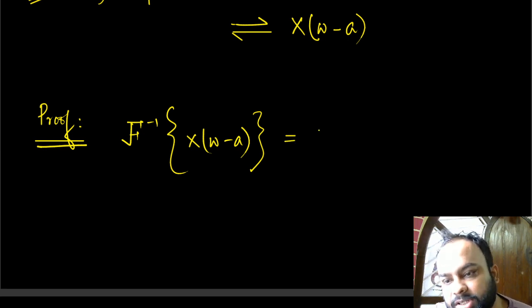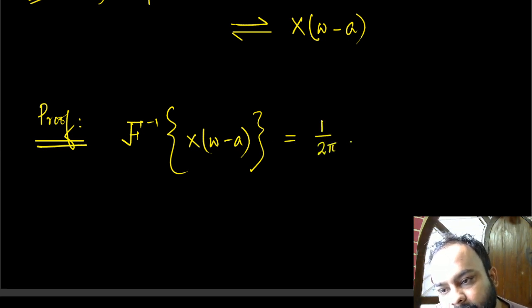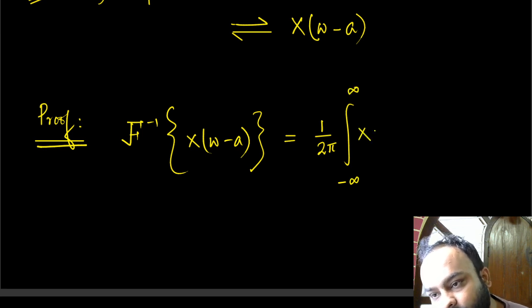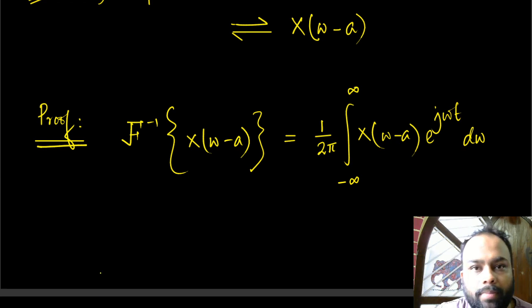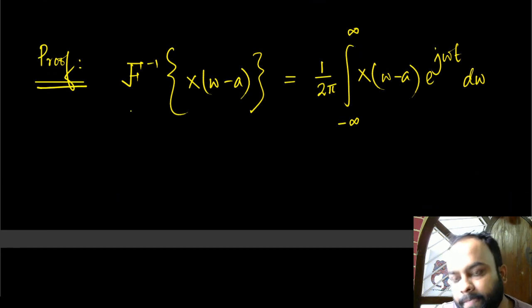If I do an inverse Fourier transform, I would have 1 by 2 pi, integration from minus infinity to infinity, of X(omega minus a) e to the power plus j omega t d omega. That's the definition of the inverse Fourier transform here. Now I believe you understand that we are going to apply certain properties, shifting. So what substitution am I going to use?